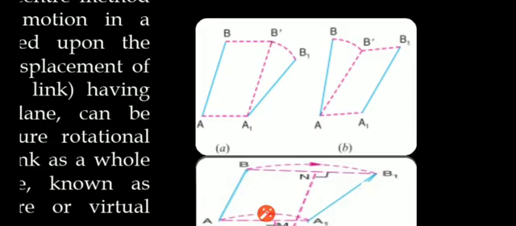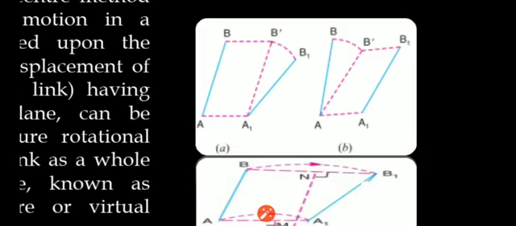During this motion, the motion consists of a pure translatory motion, that is from A1 and B dash, and after that there is a rotational motion about a center A1, that is point B dash has moved to B1. So it is a combination of two motions. One is translatory motion and the other is rotational motion. Now if I consider only rotational motion from B dash to B1, the center of rotation is A1.